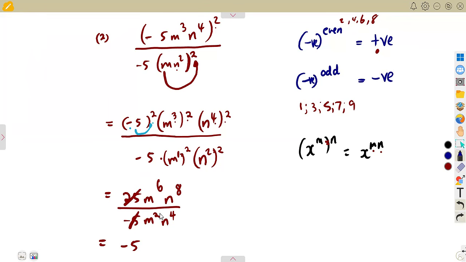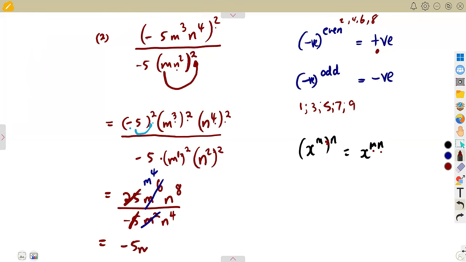So if we divide these 2 into these 6, if we just remove 2 of them, because they were 6, how many will remain? We are going to remain with 4 m's.